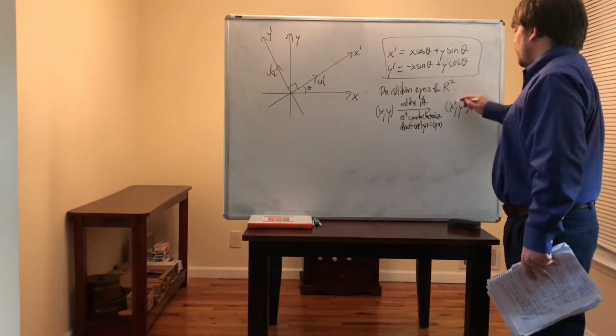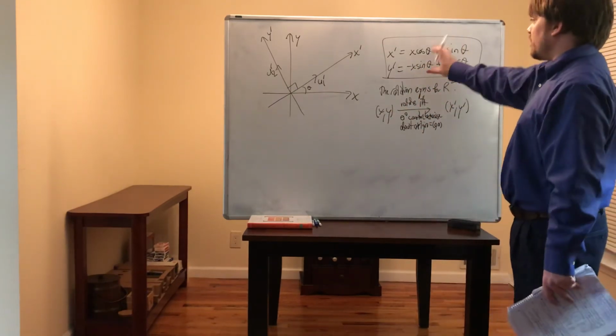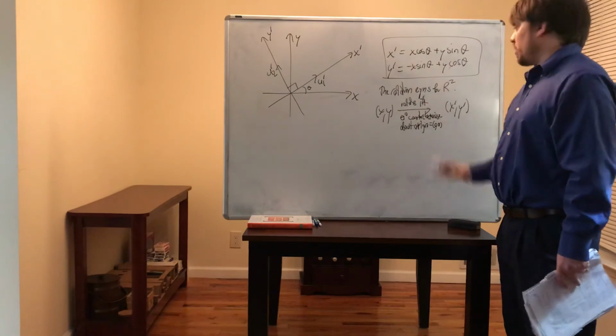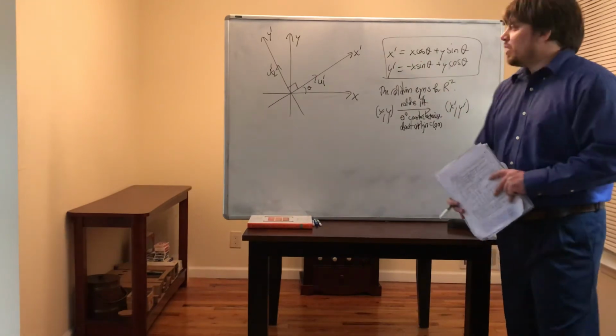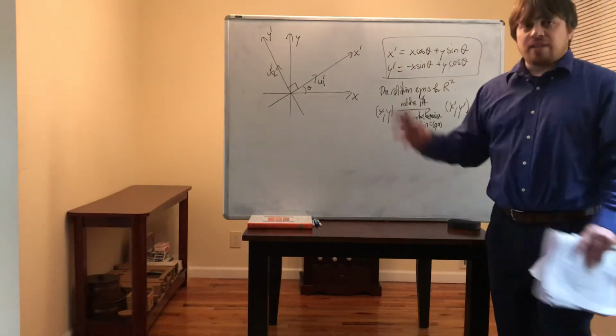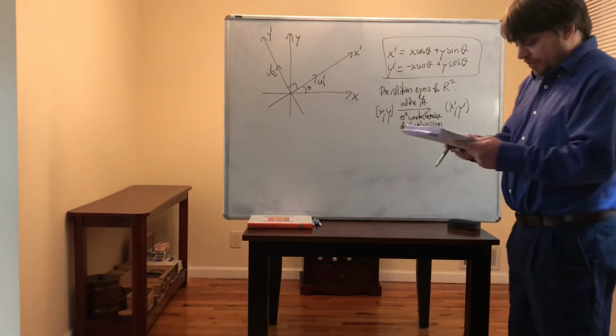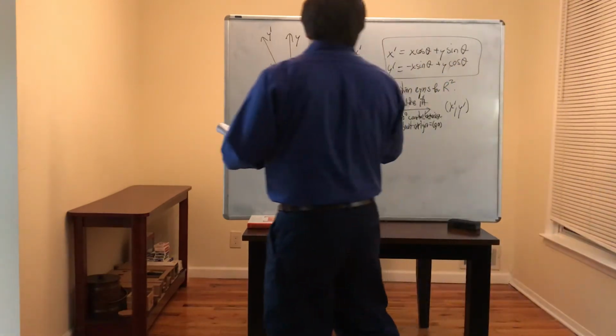And x prime and y prime are determined by x, y, and theta. You plug x, y, and theta into these two equations and you get x prime, y prime, the new coordinates. So it's pretty simple. You can even memorize the equations and then you've found where that point goes. But that's for R2.